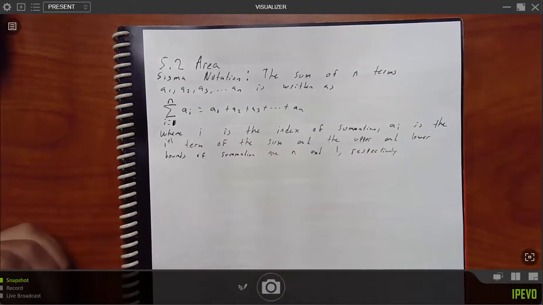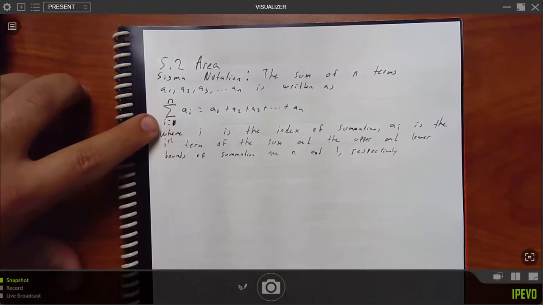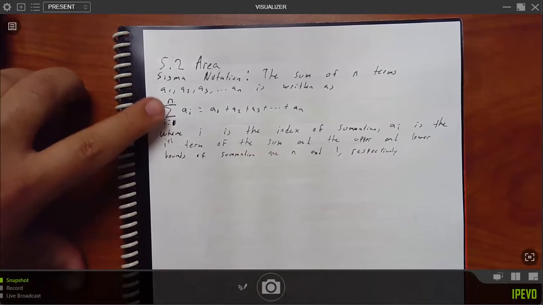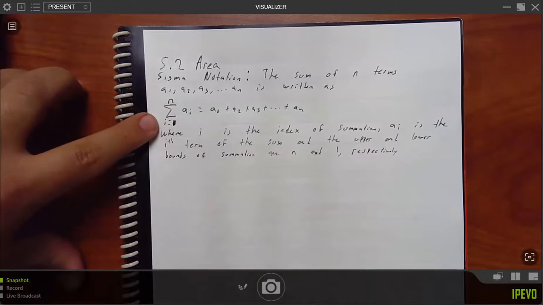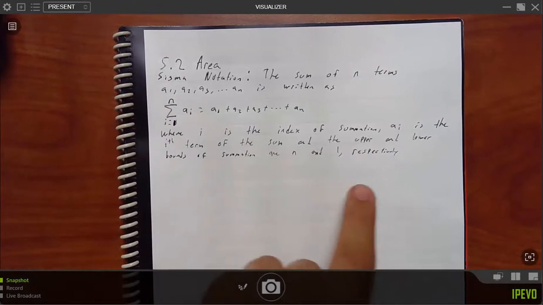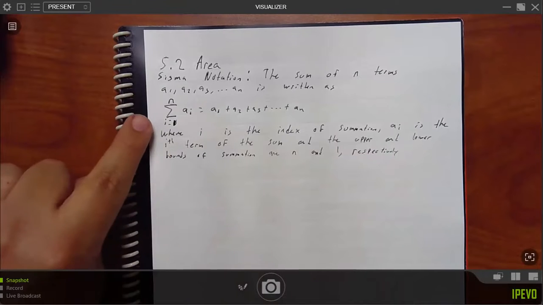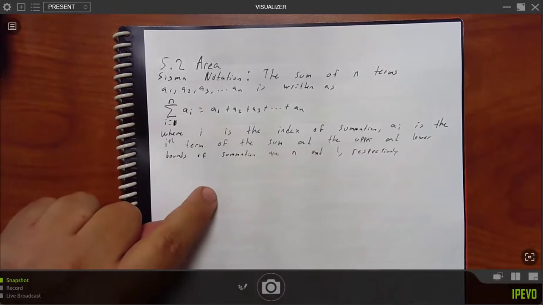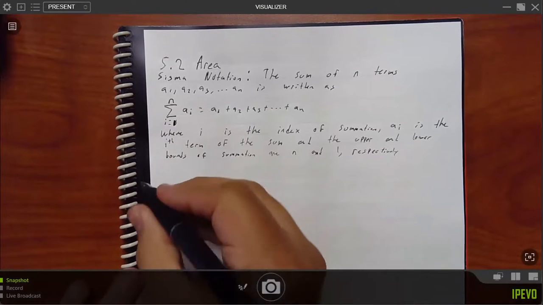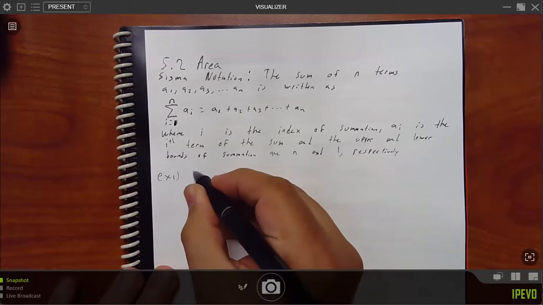So real quick, let's do some simple examples. Again, this is our 1 to n, our lower bound and upper bound. A sub i is the ith term, i is the index here. But once you see it, it's pretty straightforward.